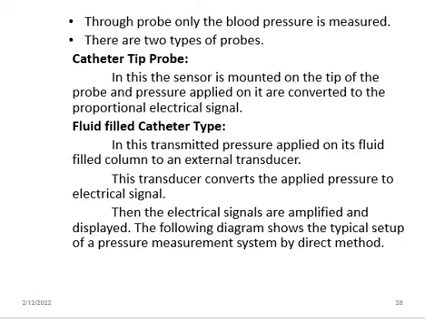Whereas in this fluid filled catheter tube, a fluid column will be there, and the fluid column pressure will vary depending upon the pressure exerted at the tip where it is kept.